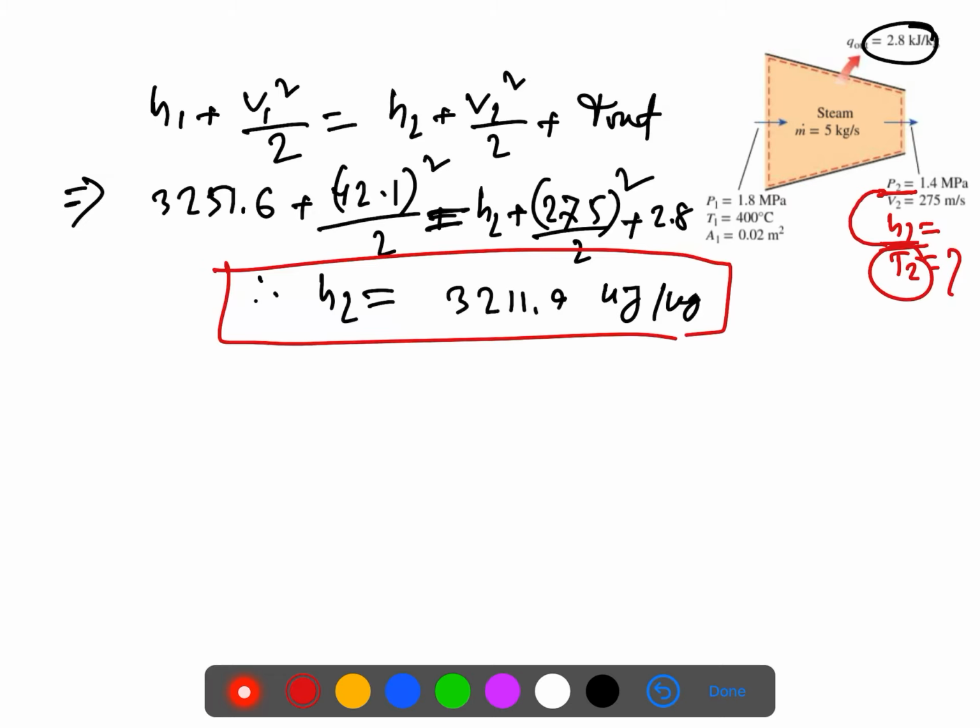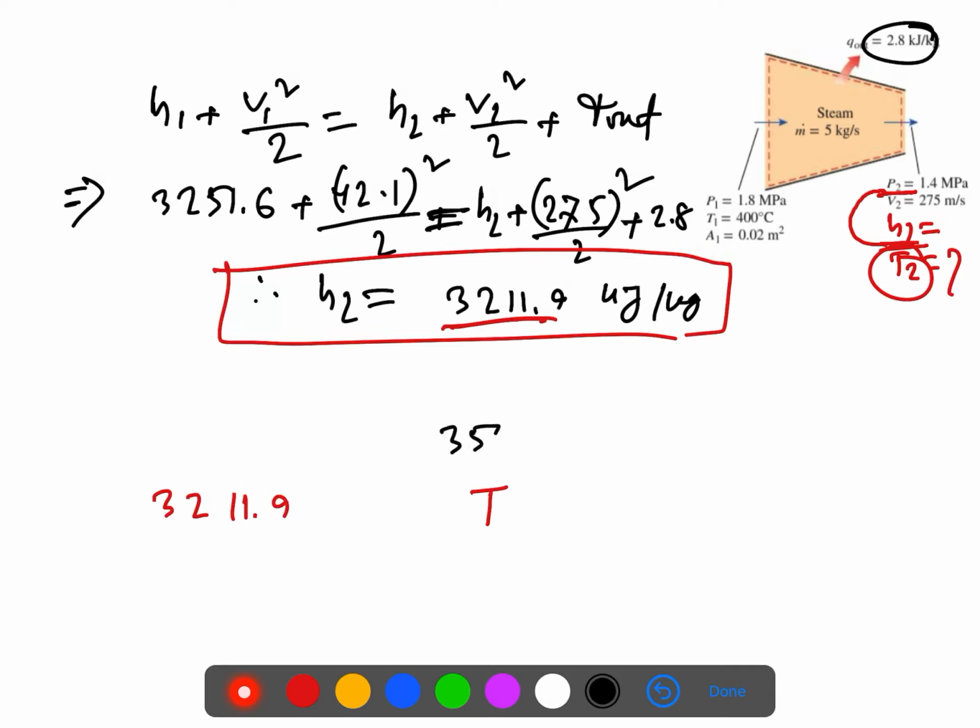So from the table, we need to find what the temperature will be for this enthalpy, 3211.9. We are going to do some interpolation from the table. I'm not showing the table because you already know how to use it.